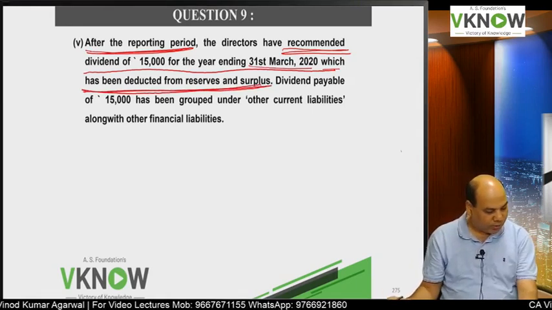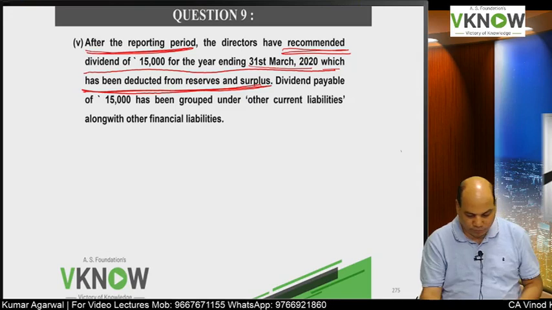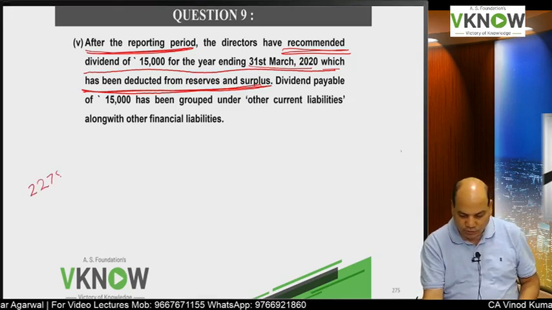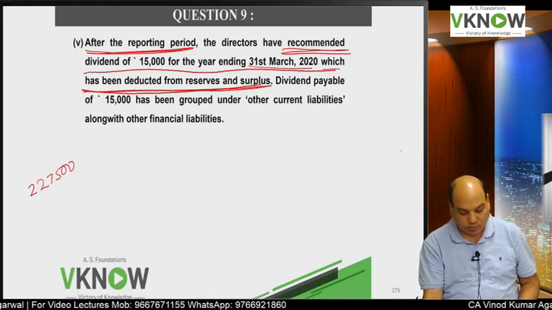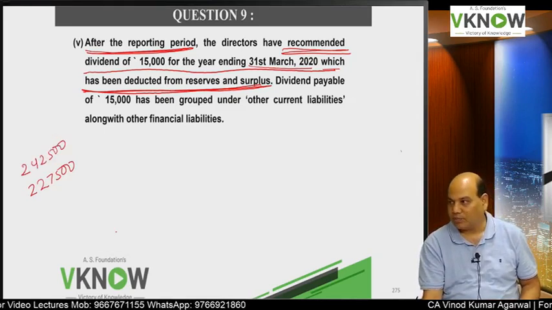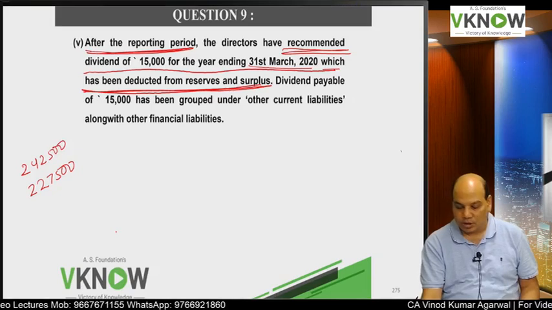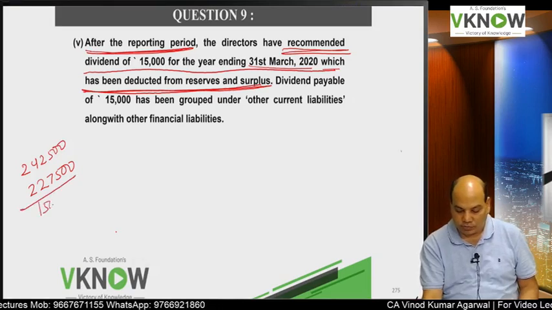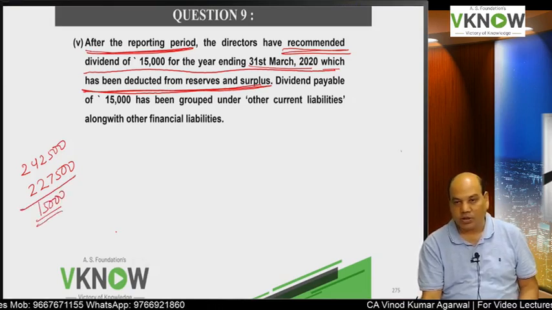Come to your question book, balance sheet, reserve and surplus. You will find 227,500 is there. In the P&L account, if you see, 242,500 is there, PAT in your question book. And if you see the difference, it is exactly 15,000.